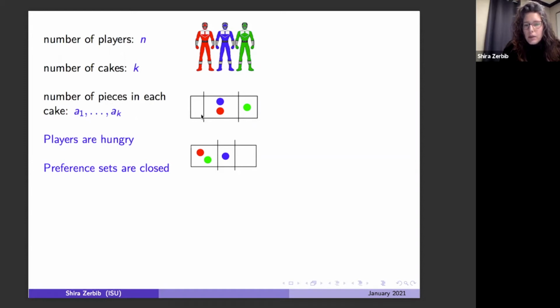In this example, I partitioned 2 cakes into 3 pieces each, but in the general case, we can partition each cake into a different number of pieces. So the number of pieces in cake 1 will be A1, and the number of pieces in cake k will be Ak. And we always assume again that the players are hungry and their preferences are closed.